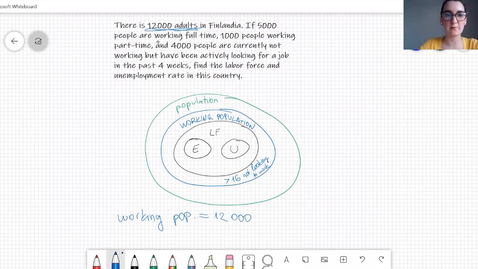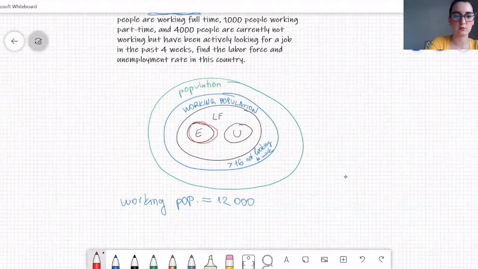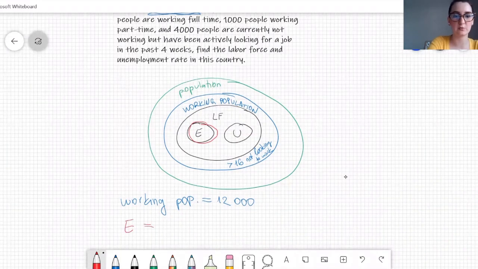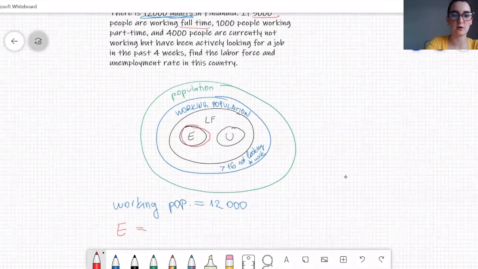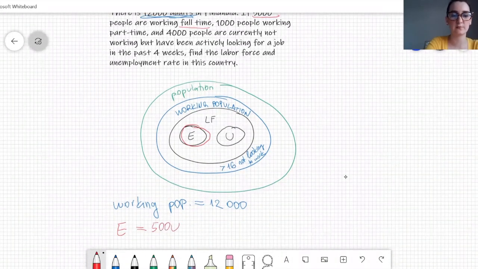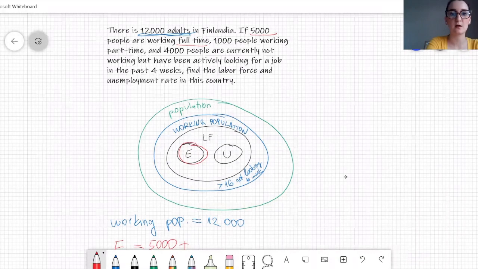If 5,000 people are working full-time, they're going to be a part of our employed circle. 1,000 people working part-time, they're also going to be a part of our employed circle. Actually, I want to put it in red. So employed people are going to be 5,000 working full-time plus another 1,000 working part-time.